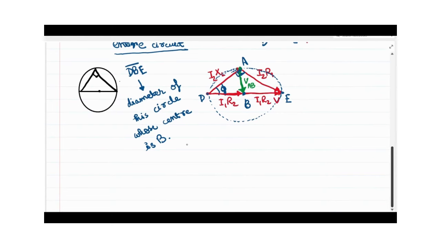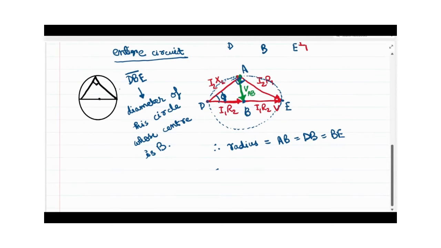Such a fascinating thing. Therefore, we can say that the radius is equal to AB, DB, and BE. What does this represent?